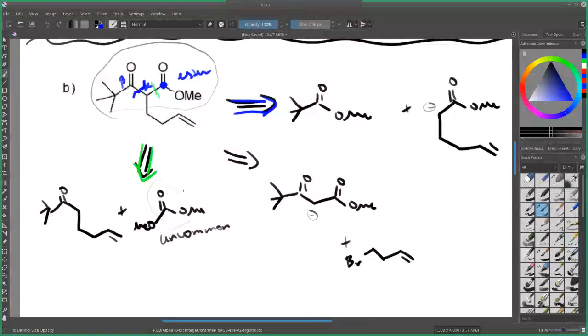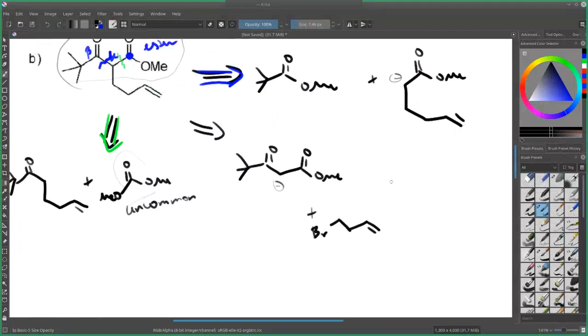Hey Adam, on the black path, you would have to do that as a two-step, right? Because your strong base would attack that halogen. Yeah, I agree. So you would have to do LDA. Actually, you wouldn't even need LDA.